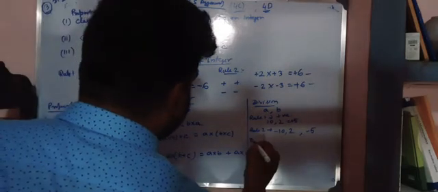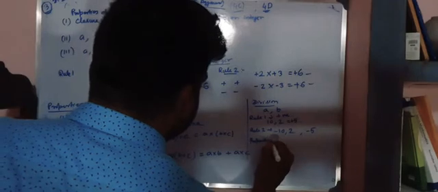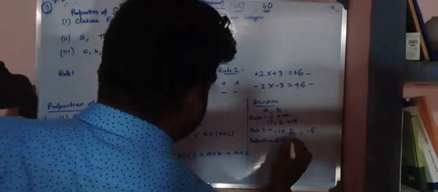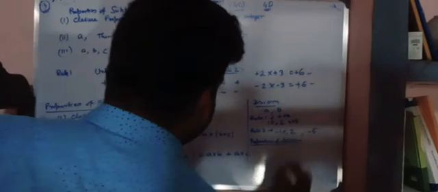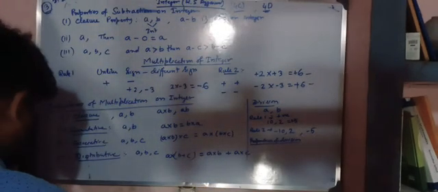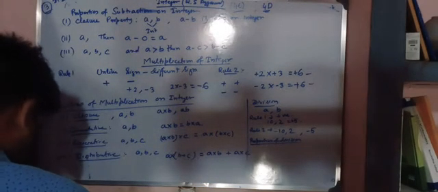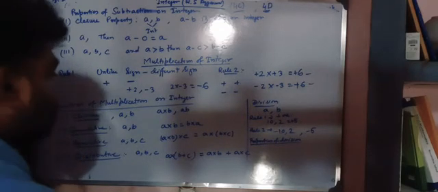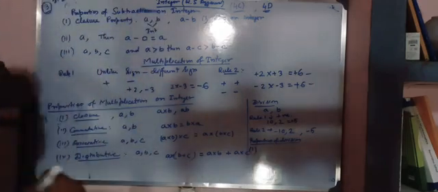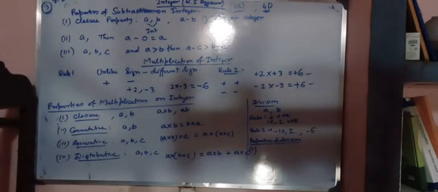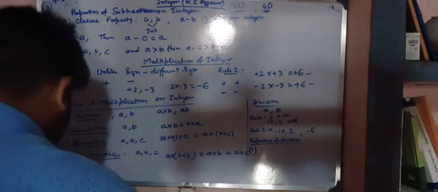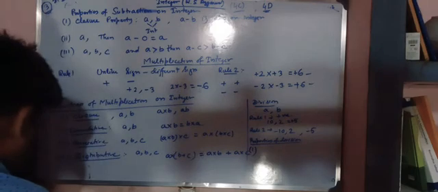Next, move to the properties of division. First, I hope it is visible to you. The first property is: if a and b are integers, then a divided by b is not necessarily an integer.